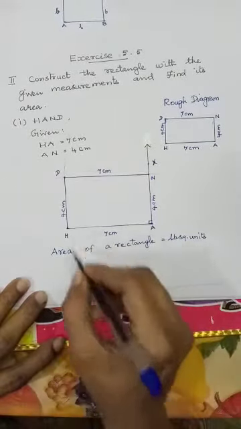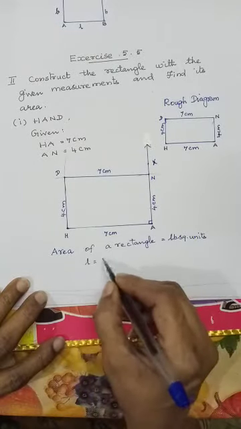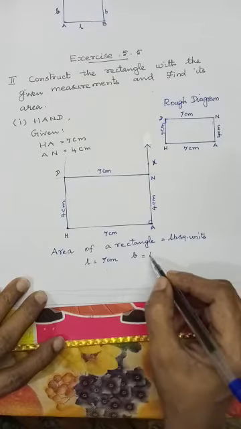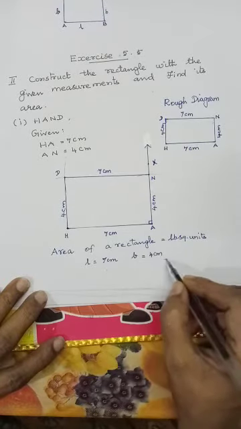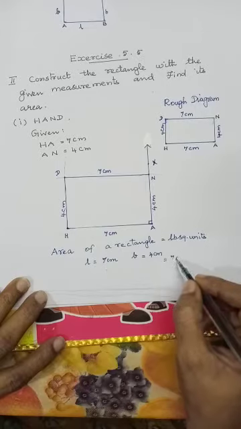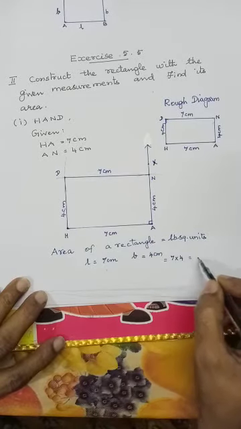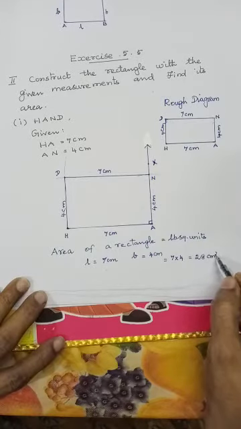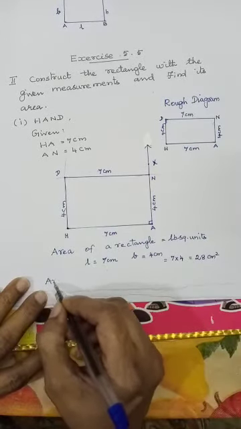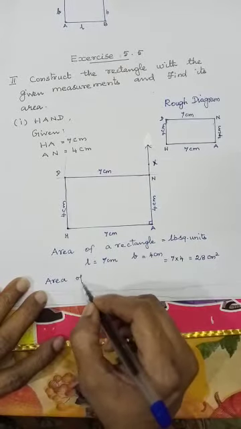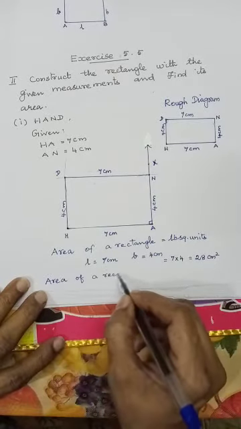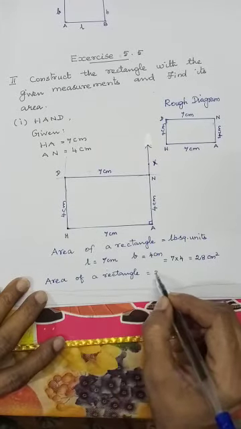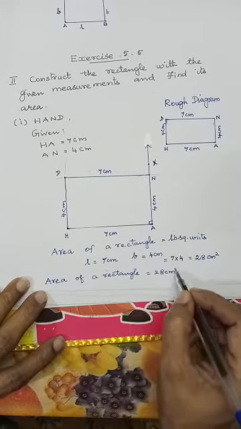Here L is equal to 7 centimeter and breadth B is equal to 4 centimeter. So you substitute L and B. 7 into 4 is equal to 28 centimeter square. So area of a rectangle is equal to 28 centimeter square.